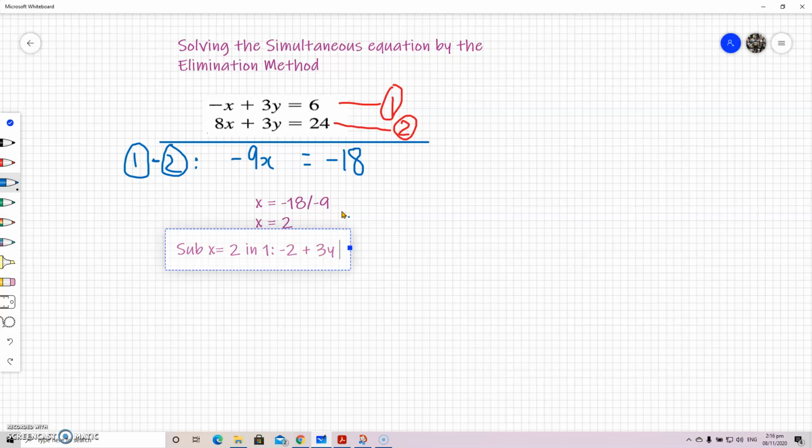Plus 3y equals 6. So you carry across the minus 2 to the right side, and I get a change in sign. So you get 3y is equal to 6 plus 2.